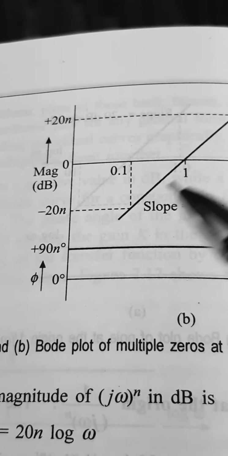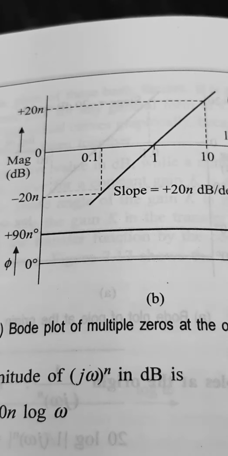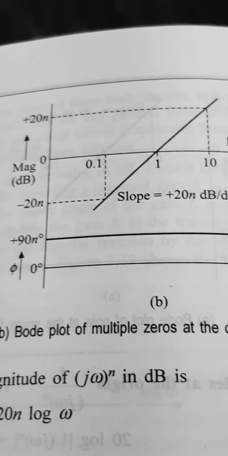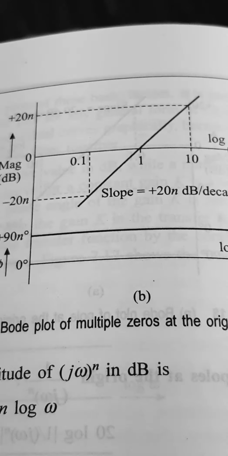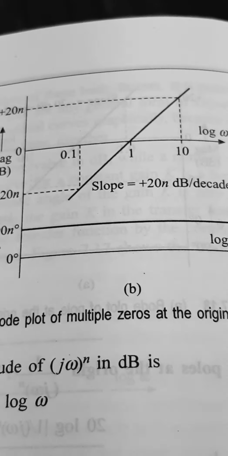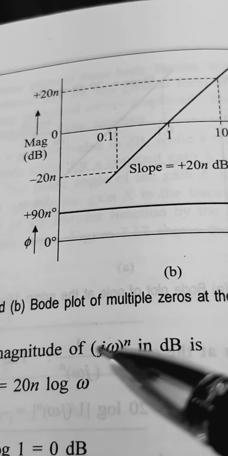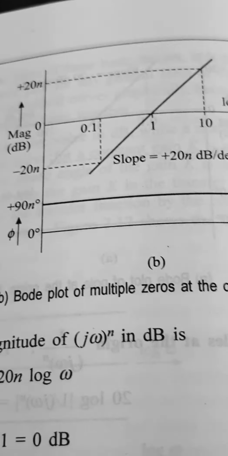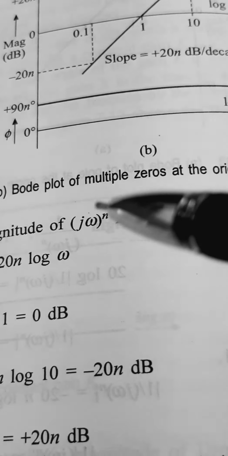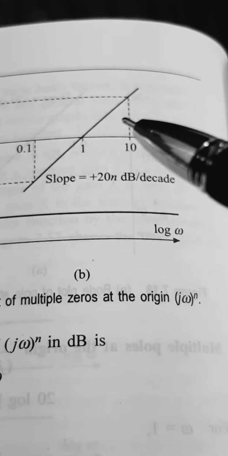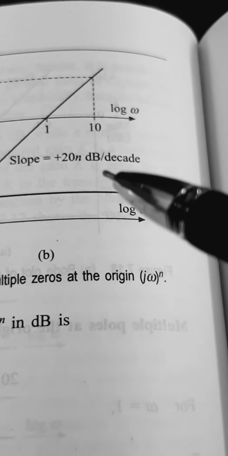If j omega is in the numerator, in our expression it is j omega raised to 2. So n is 2 here. When n is 2, the slope is plus 20 n dB per decade.